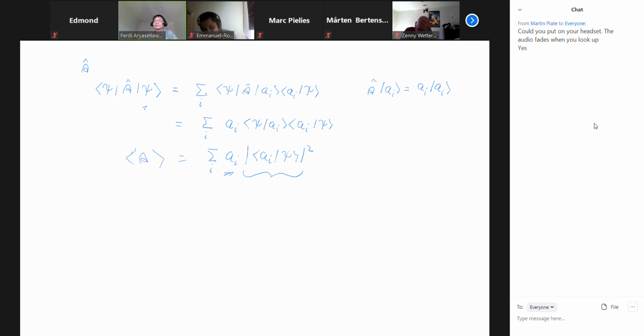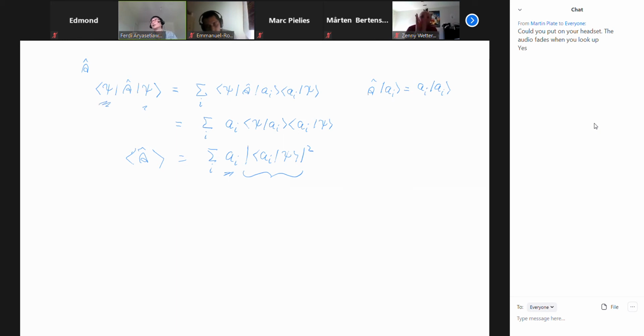A single measurement, of course, will just give us a particular eigenvalue of the operator A. So we have to make many measurements to compute the expectation value. That is fine if we have all the quantum systems in the same state, in this case the state psi.